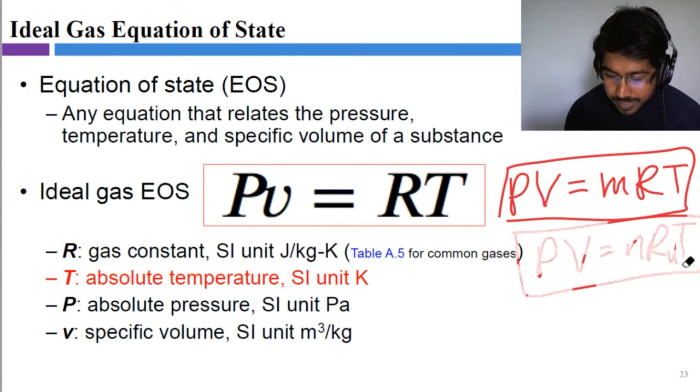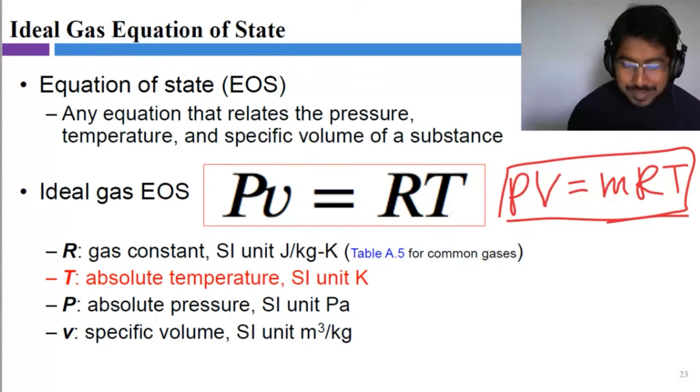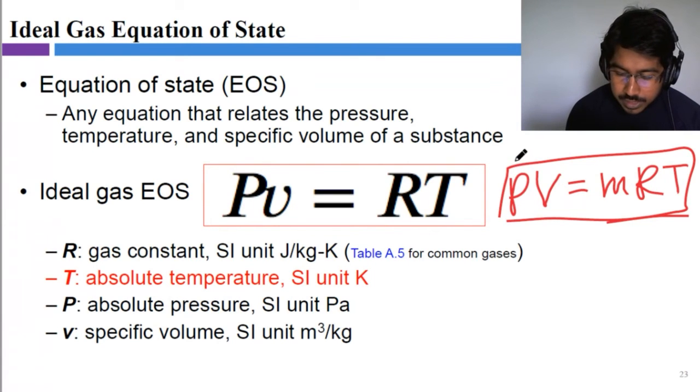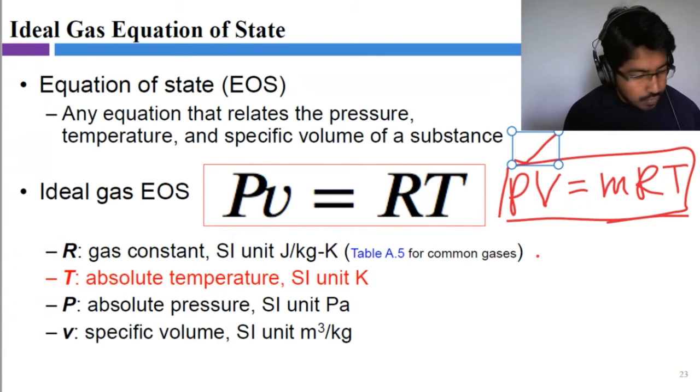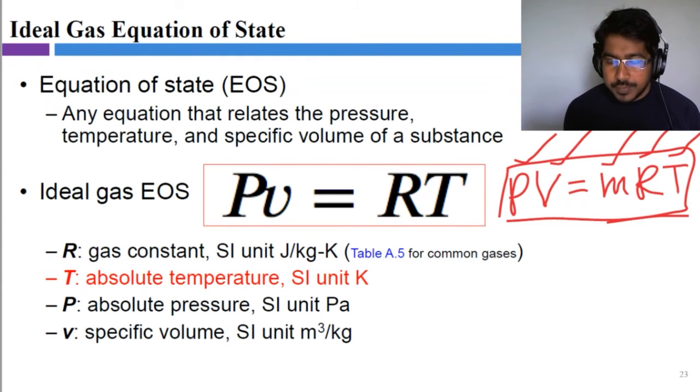Let's assume this is the correct equation as well, similar to the one you know already. Let's assume I'm not a liar, so PV should be equal to mRT. P is the pressure, V is the volume, m is the mass of the substance, R is the gas constant, and T is the temperature in Kelvin.